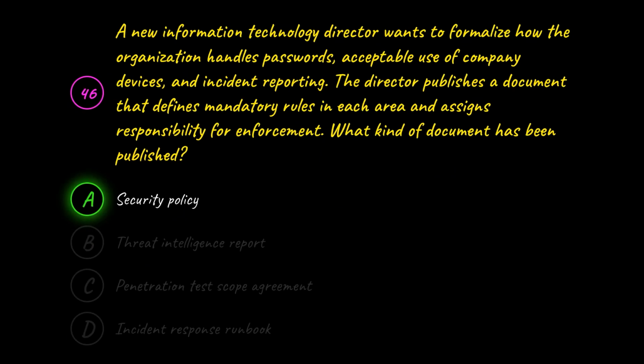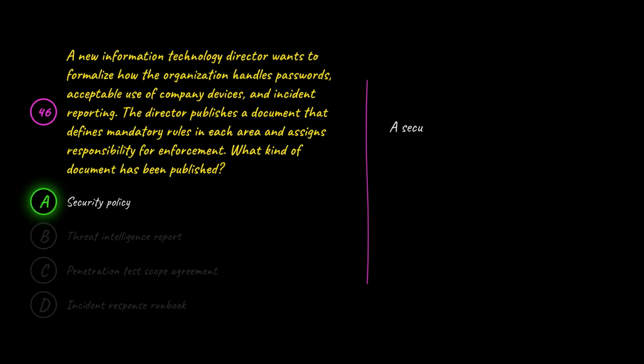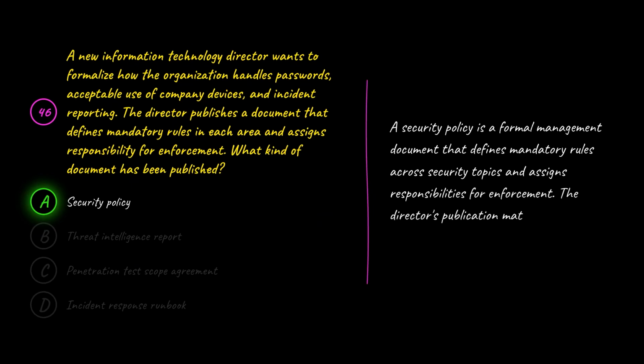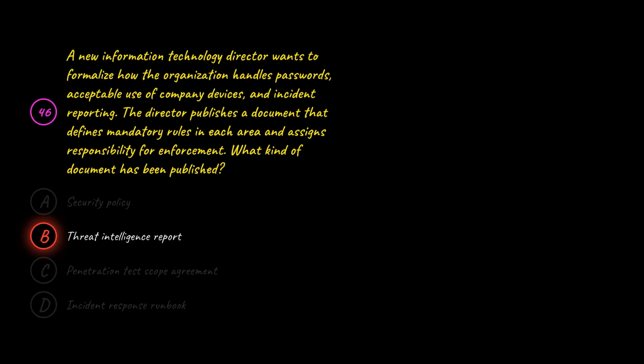The correct answer is A. Security policy. A is correct because a security policy is a formal management document that defines mandatory rules across security topics and assigns responsibilities for enforcement. The director's publication matches this definition. B is wrong because a threat intelligence report describes external threat activity.